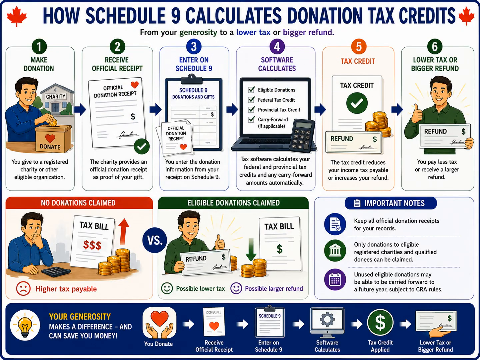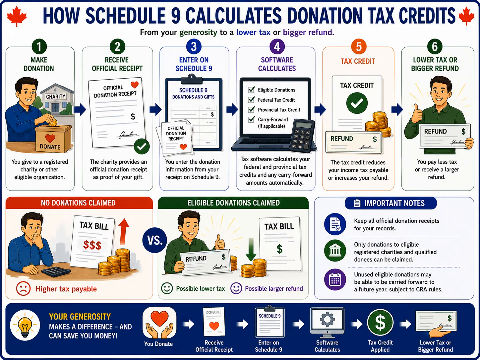During tax preparation, the donation information from the receipt is entered on Schedule 9. This schedule records the eligible donations and provides the information needed to calculate both the federal and provincial charitable donation tax credits. Once the information has been entered, certified tax software automatically performs the calculations.